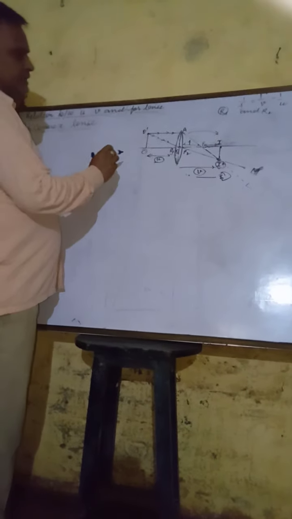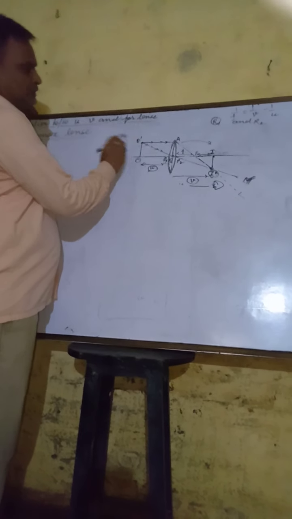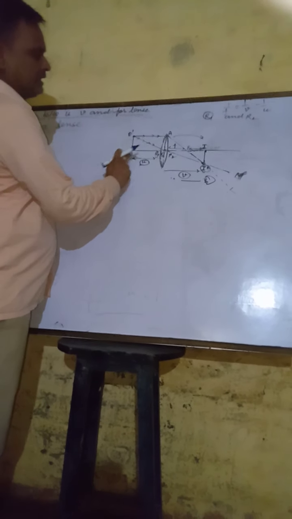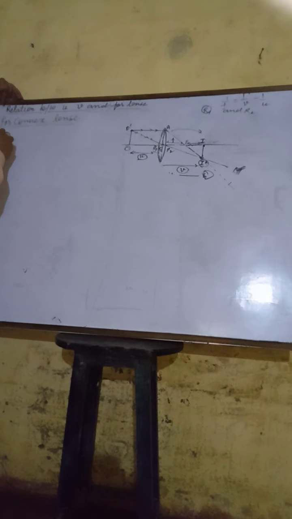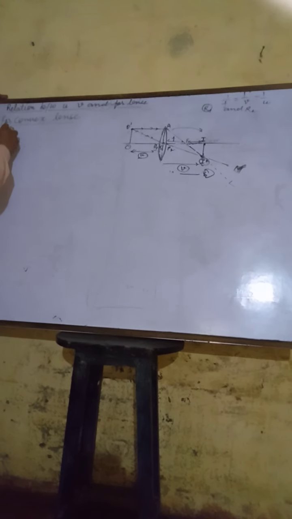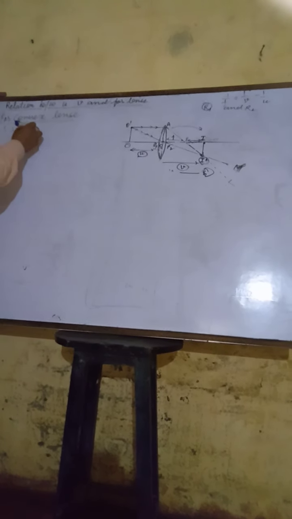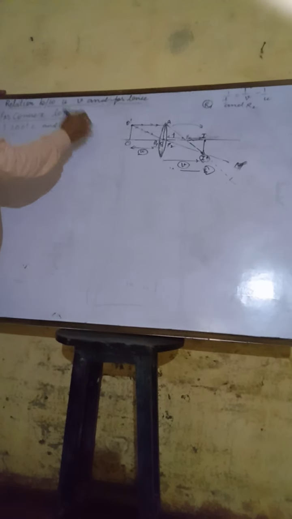You can see here there are two triangles formed, OCO dash and CII dash. We take these triangles O dash OC and I dash IC.